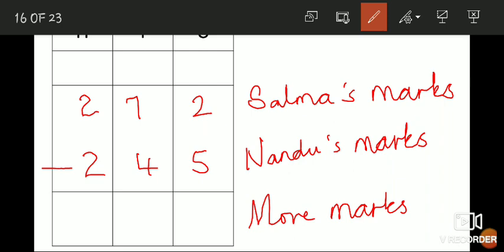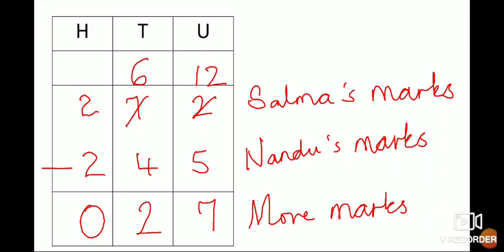Now, from 2 you cannot take away 5. You go to the next number, you take 1 from here, this will be 6 and this will become 12. 12 minus 5 is 7. 6 minus 4 is 2 and 2 minus 2 is 0. So, Salma scored 27 marks more than Nandu.